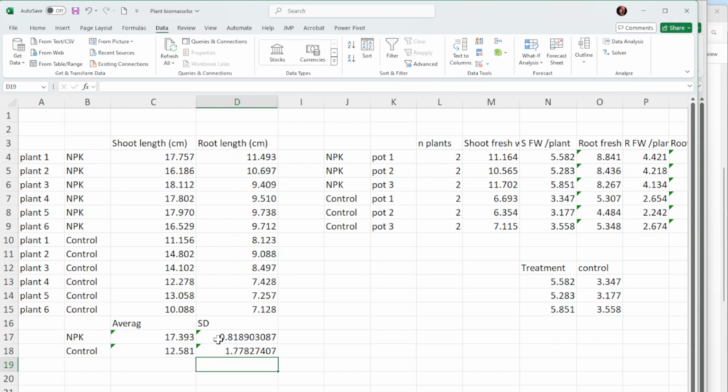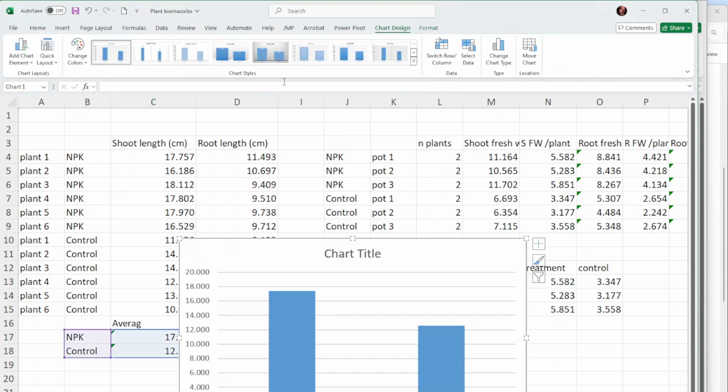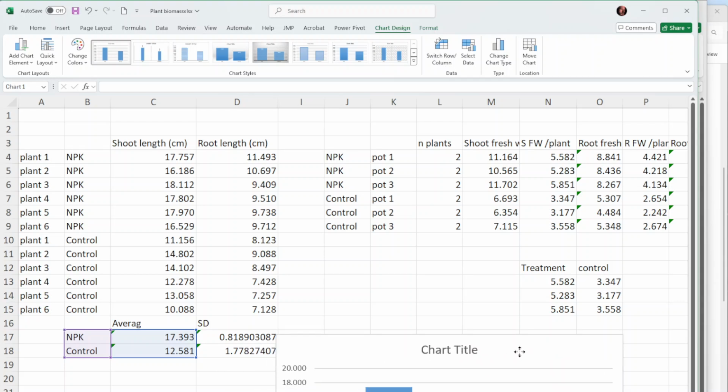So you can do this for any response parameter, and what I recommend you do now is show your data by making graphics. The graphics go: insert, bar charts, for example, and the bar chart will show the NPK and the control.